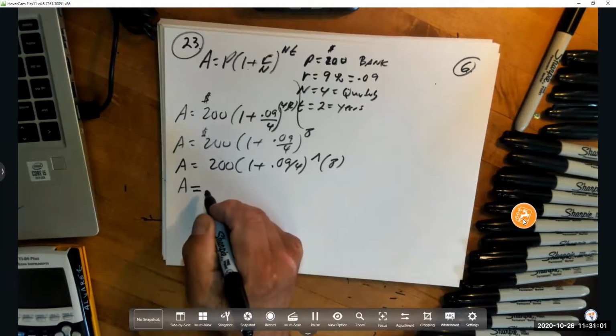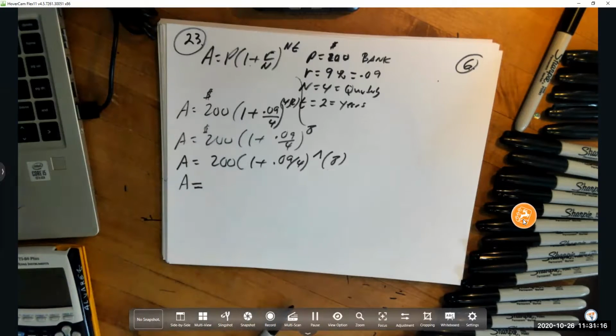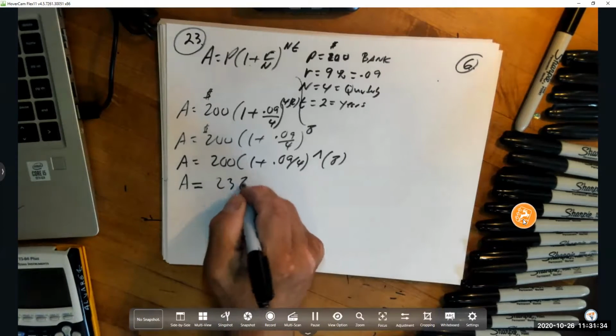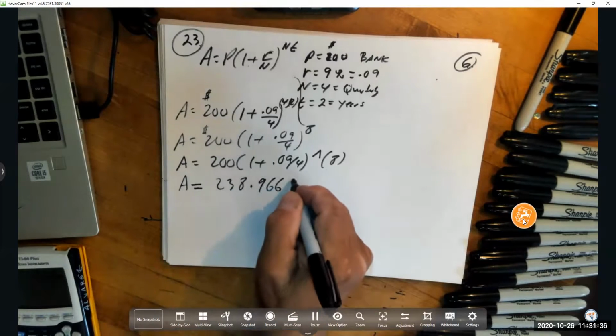What'd you get? 200, 1 plus 0.09 divided by 4 to the 8 power is, give me numbers. 238.9662284. 966, 2284.